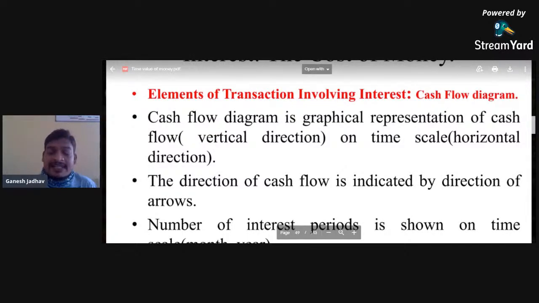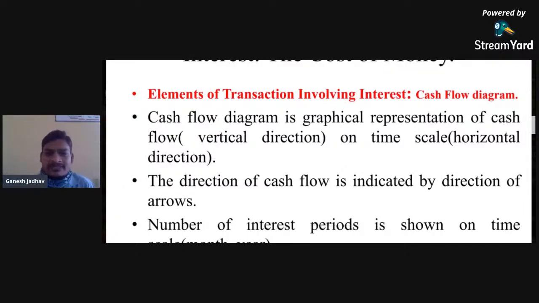So this is the graphical representation of the cash flow. The time scale, whether 1 year, 2 years, 3 years or 5 years, is horizontal on the x-axis, and the cash flow is vertical on the y-axis. The direction of the cash flow is indicated by the direction of the arrows.